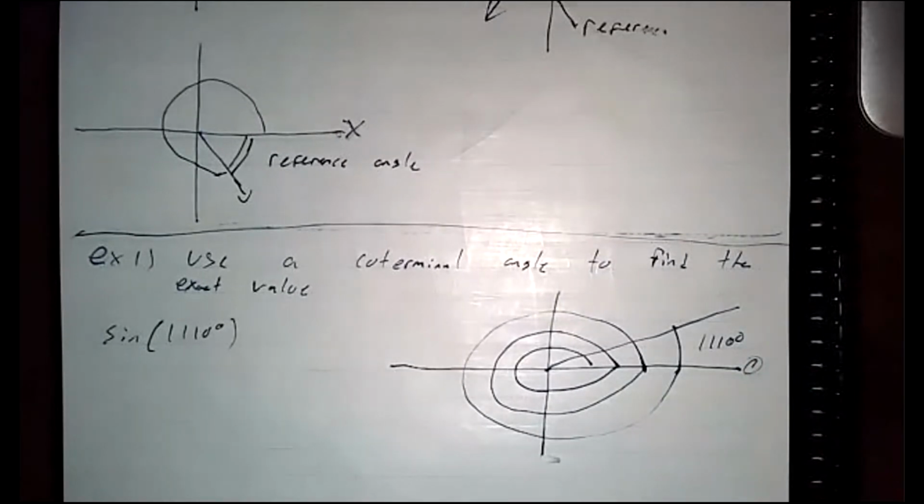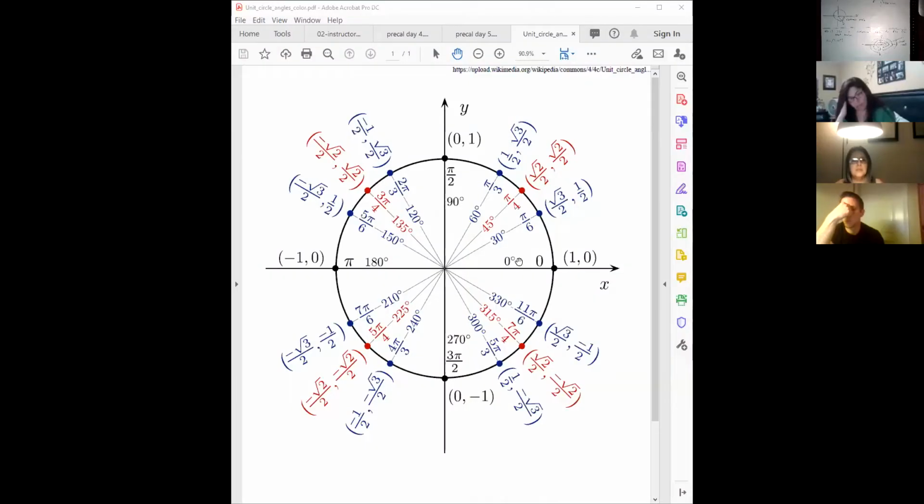So really all you have to look at is this guy, right? So 360 over and over again. Eventually you end up at 30 degrees. So the coterminal angle is 30, so we'll just use this one. Sine of 30 would be equal to this question.